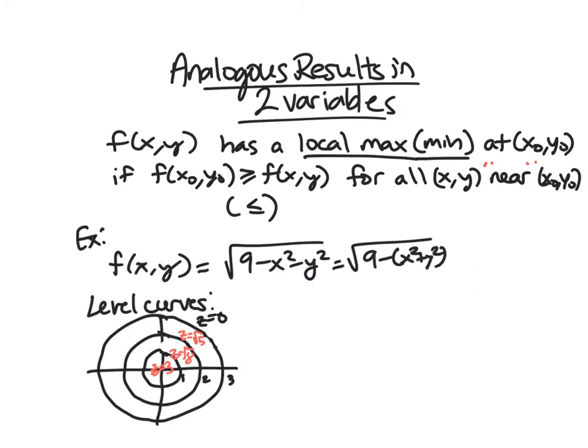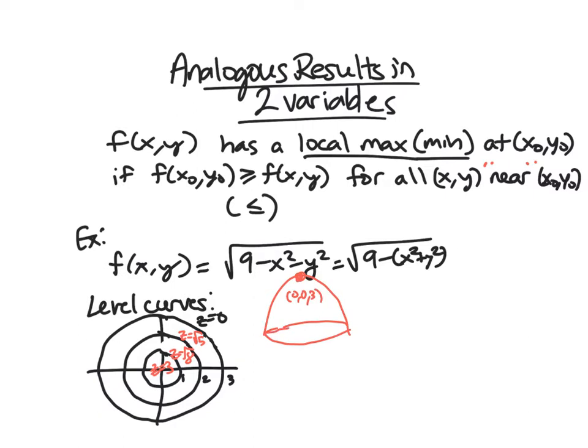So for an example, let's look at the level curves of this function. Essentially, right, we start at height 0 and we're out with this circle of radius 3, and then we keep going up. And so what we're really getting here is like a bowl shape, or I guess really a dome, right, like an overturned bowl. And this top point is above 0, so this is the point 0, 0, 3.